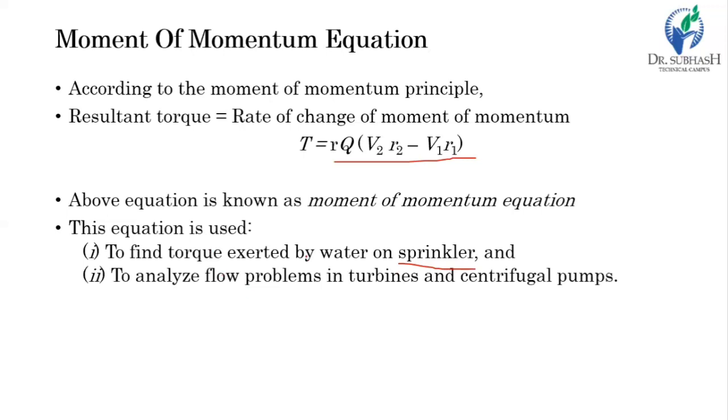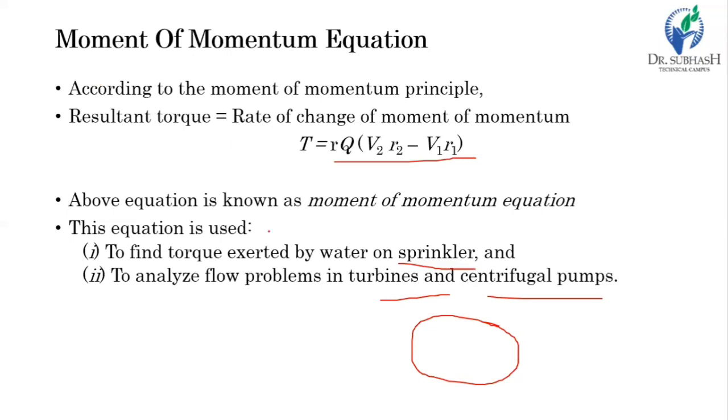This equation is used to calculate the torque and to analyze flow problems in turbines and centrifugal pumps, because in turbines and centrifugal pumps the fluid is in rotating motion. In turbines it rotates, in centrifugal pumps it also rotates and has some kinetic energy and some pressure variation also. So in the derivation or the controlling equation, we have to use the moment of momentum equation.